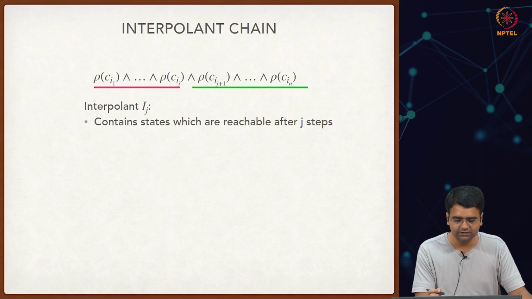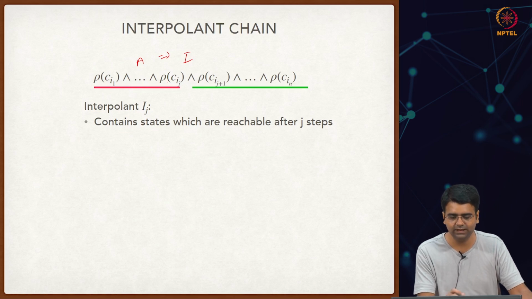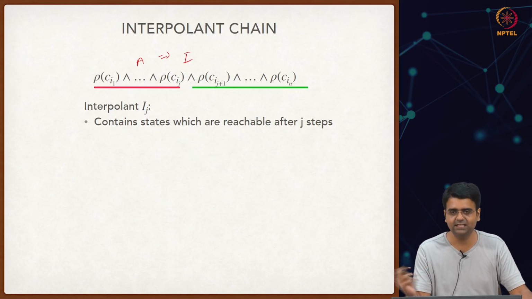So this interpolant Ij essentially contains the states which are reachable after j steps, right. So remember that A must imply I, and A, in this case, is the FOL encoding of the commands from Ci1 to Cij, meaning that these are all the program states which are possible after the first j steps are executed.